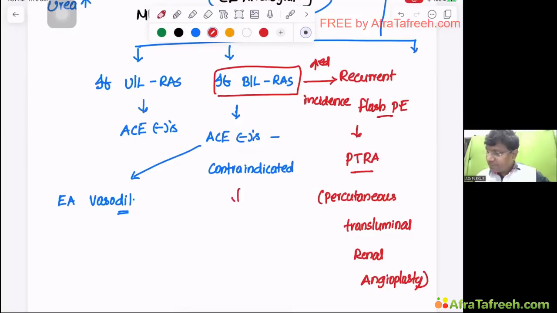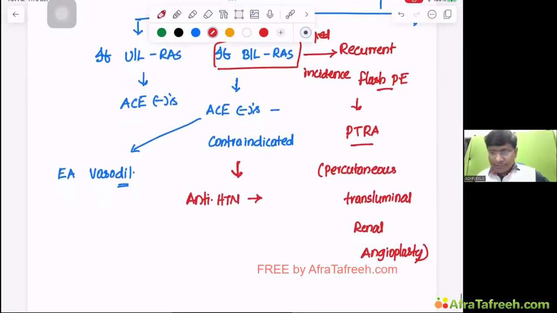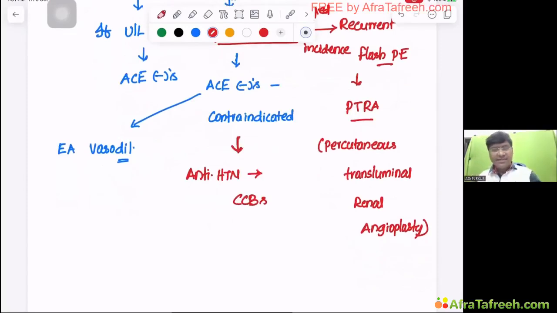Then for bilateral renal artery stenosis, what is the antihypertensive that you will give? Anyone? You need to give calcium channel blockers, right? Calcium channel blockers should be given. Even thiazides, we usually avoid. Why do we avoid thiazides?